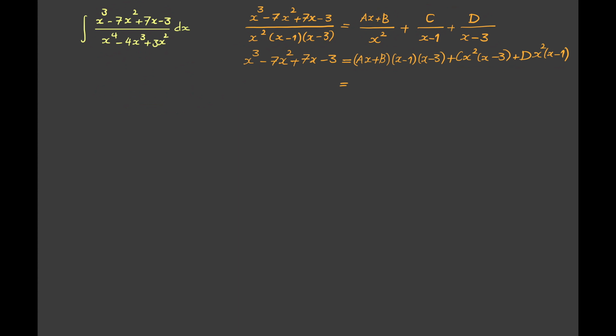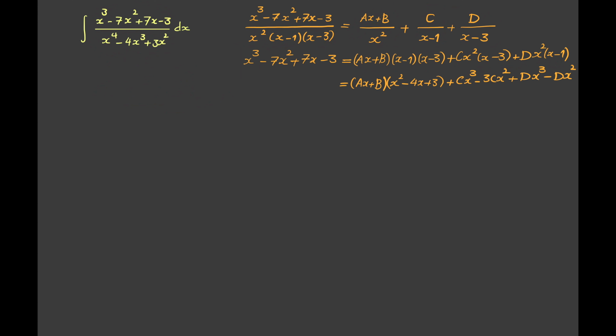To do this one, I have to multiply these two first, and of course I will immediately get x to the power of 4, x to the power of 2 minus 4x plus 3, and then I have to multiply it once more by ax plus b. But the next two are easy. I just multiply this in here and there. The same thing I will take and multiply it here and there. So then it becomes cx cubed minus 3cx squared, and then I have dx cubed minus dx squared.